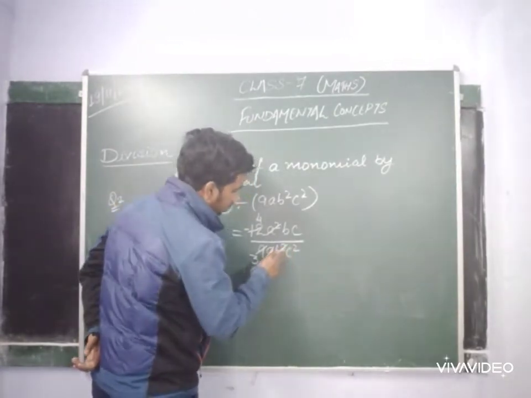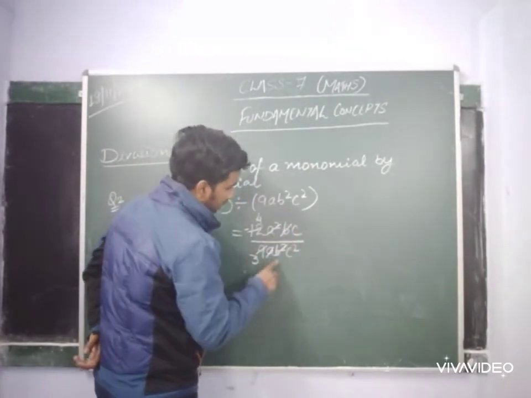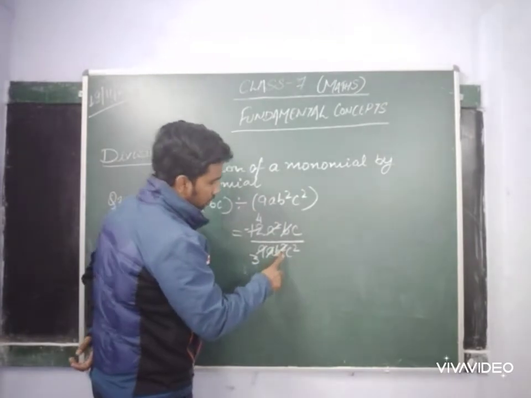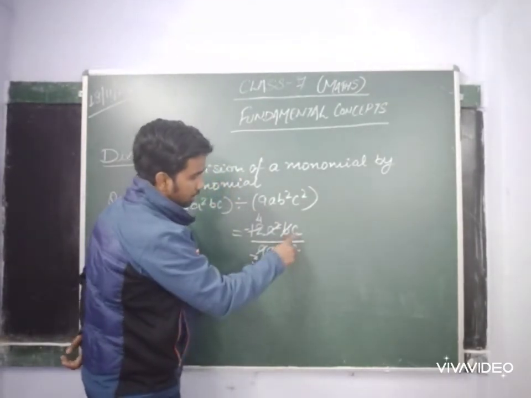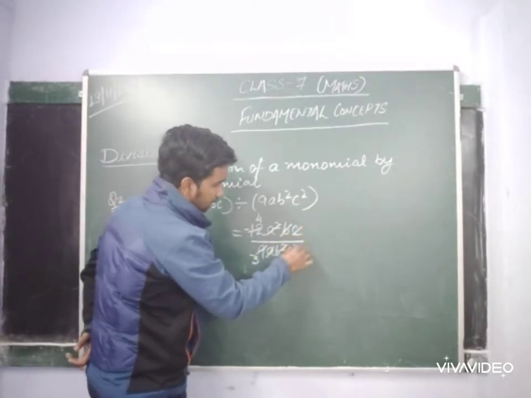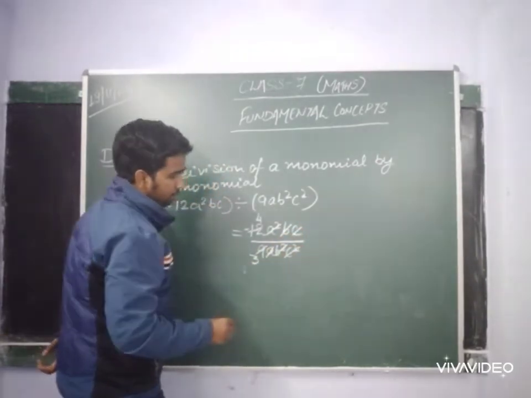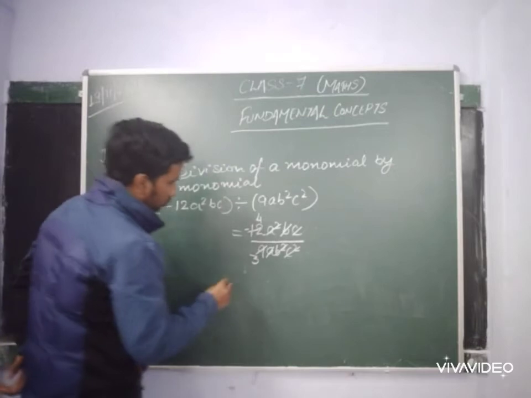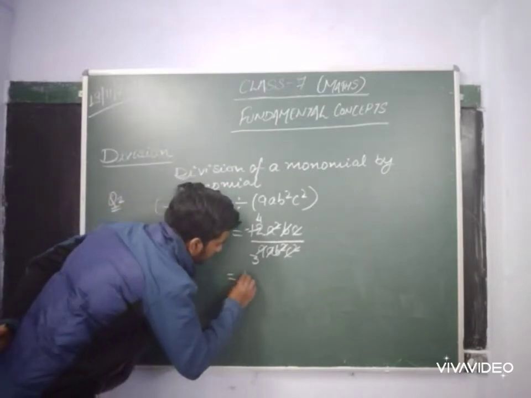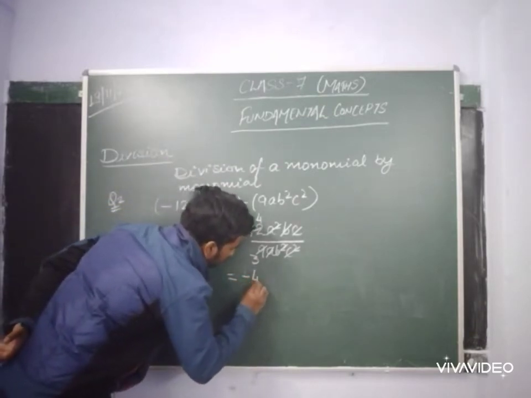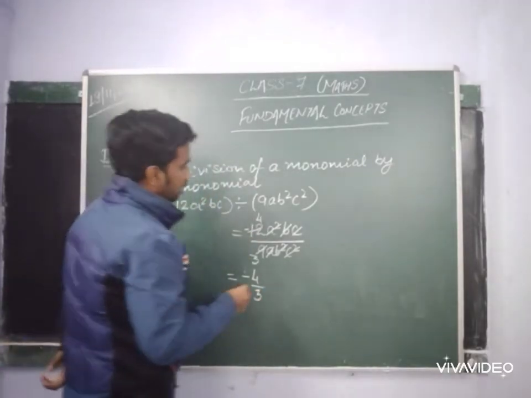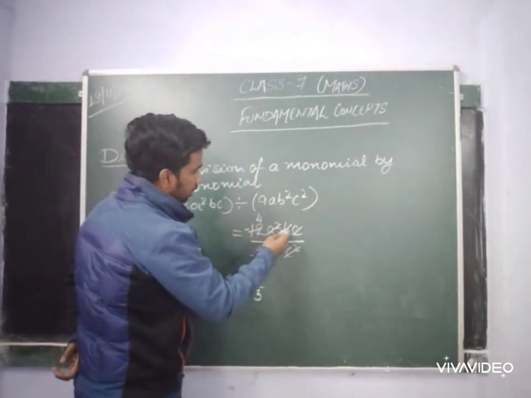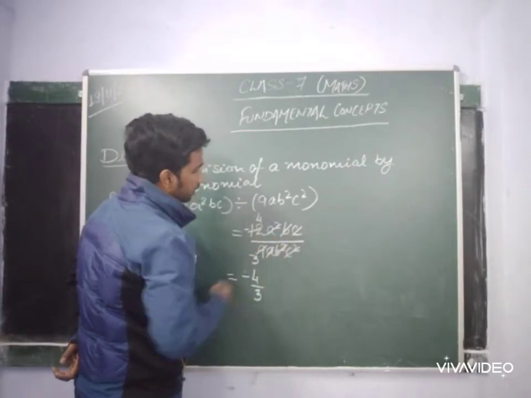Then this will be divided with this, so here it is b square, so 1b will be left over here. Clear? Then c, and this is c square, so 1c will be left with it. Clear? So our answer will be minus 4 upon 3, and let's look what is left in the numerator and what is left in the denominator.